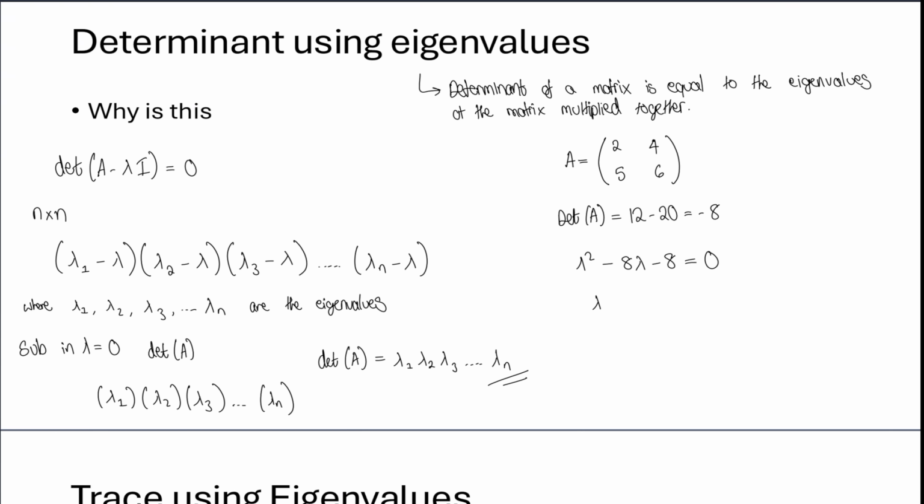And so we get our eigenvalues as 4 minus 2 root 6, and our second value as 4 plus 2 root 6. If we now multiply these two eigenvalues together, we do in fact get minus 8. So the determinant is always the eigenvalues multiplied together.